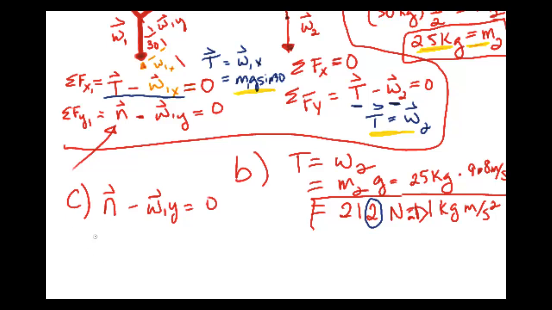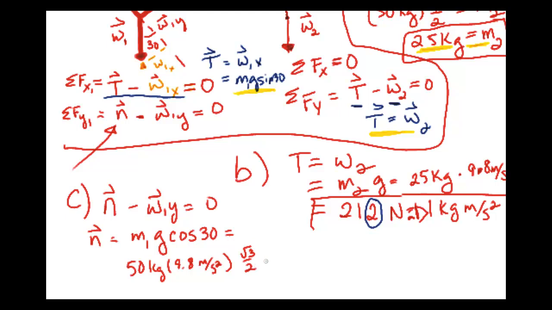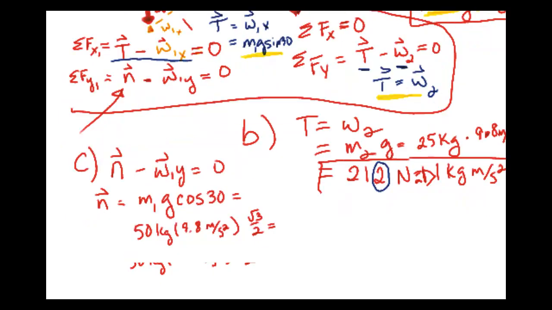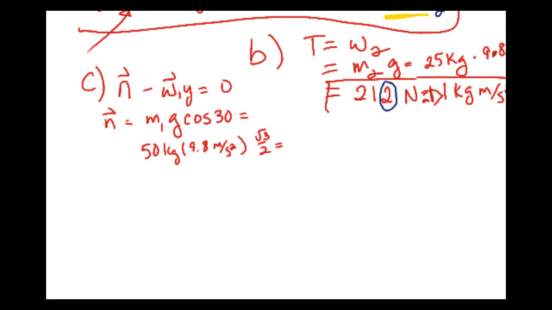That weight, so normal force would be mass 1 times gravity times, in this case, the y component would be cosine 30. That would equal 50 kilograms times 9.8 meters per second squared times cosine of 30, which is root 3 over 2. And when you do all that, you get the wonderful answer of, let's see, I wrote that down somewhere.